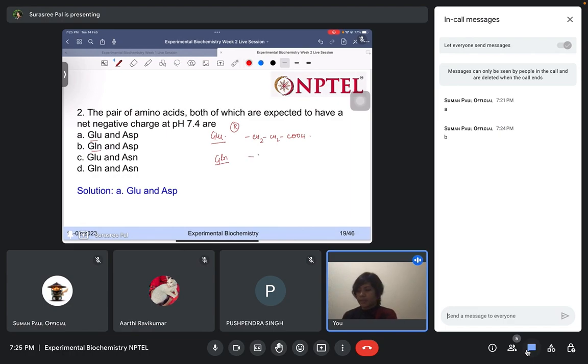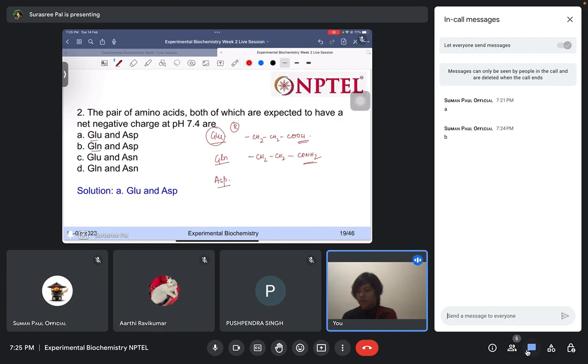So in place of COOH, it has CONH2. Because it does not have this dissociable hydrogen, this proton is not present in glutamine, which is why glutamine is not negatively charged at physiological pH. So the correct answer is glutamate, and the other one is aspartate.